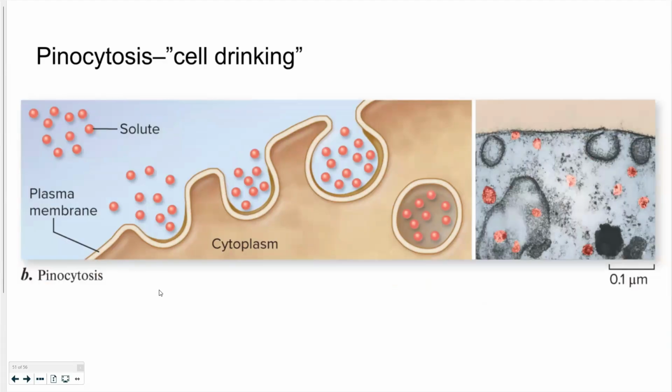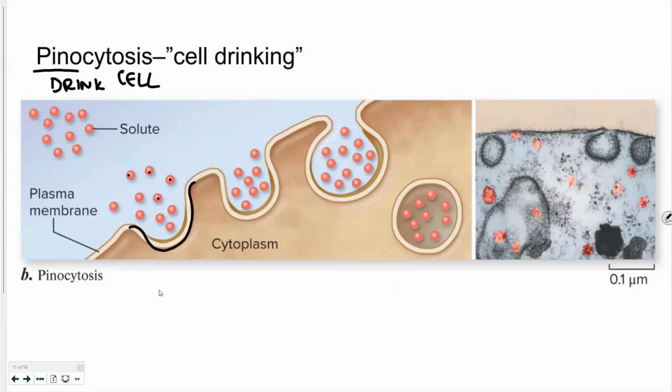Another version of endocytosis is pinocytosis. So pino is drinking. Cyto again is still cell. Okay, so we're going to do the same thing where we have various solutes dissolved in our extracellular matrix.